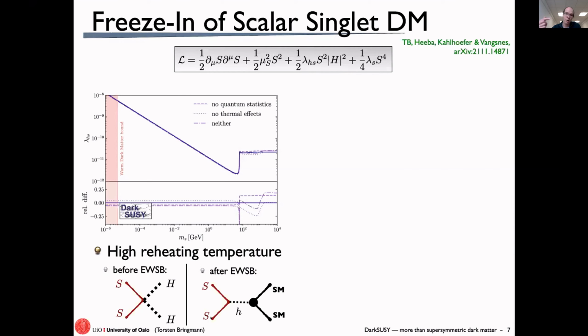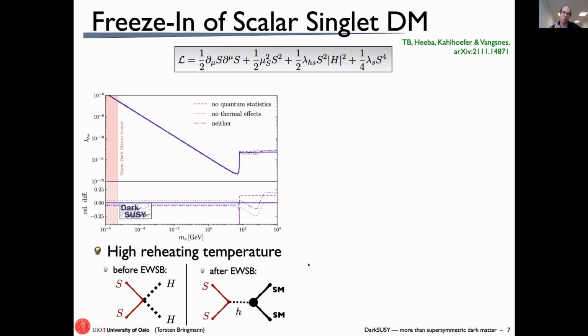scalar annihilation, or production of the dark matter particles if you view it in the other direction, dominantly proceeds through this Higgs resonance. Here you see the value of the coupling that is needed in order to get the right relic density, and you see separately the effect when you include quantum statistics of the standard model particles.